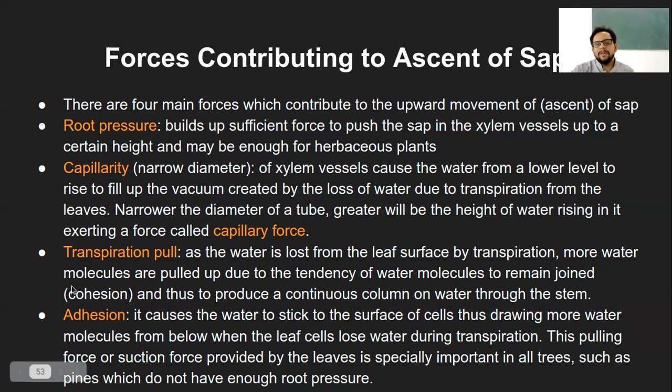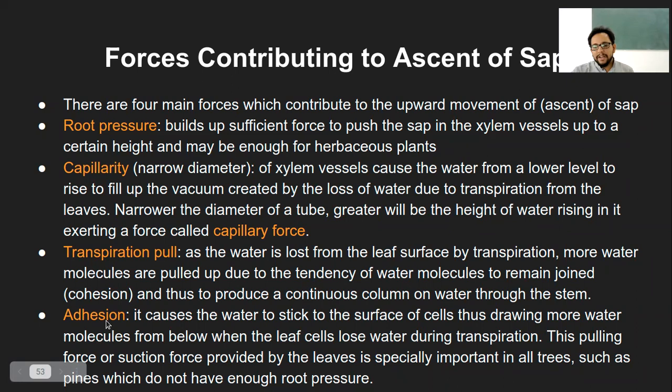And cohesion is between similar molecules. We say cohesive forces in physics or chemistry, between the same solvent molecules. And adhesion we talk of between the solute and the solvent, or between two different solute molecules. So that is adhesive force.